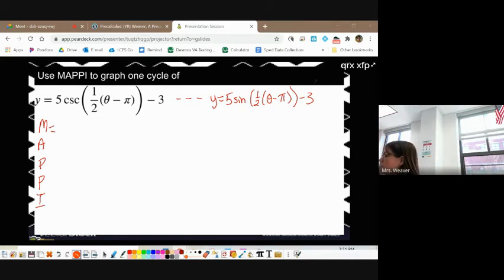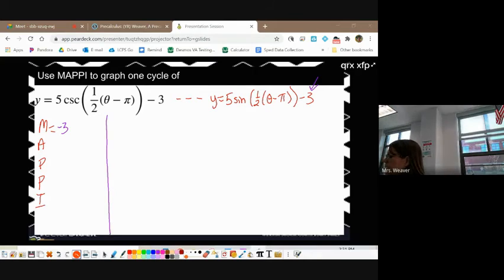Midline is our constant there at the end. That's our D value. So our midline is at -3, so down 3. What's our amplitude? It's our A value. A is for amplitude. That's going to be +5. So I'm going to put my x-axis about right there. Okay, so -3 is going to be my midline.